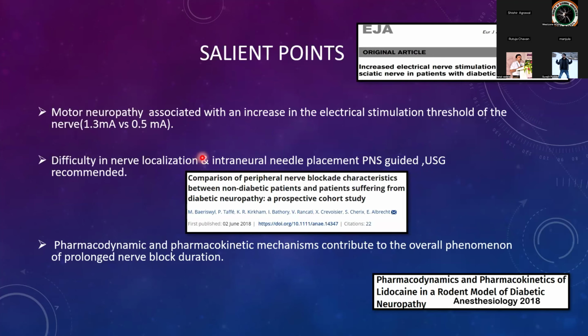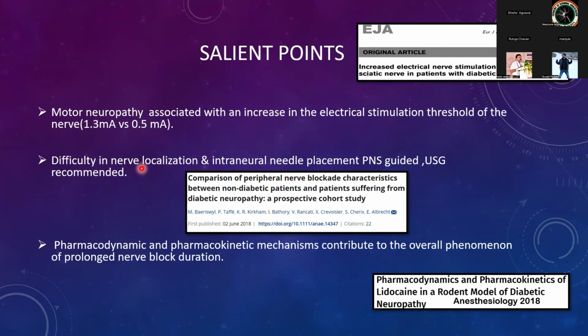What are the concerns with neurostimulation and why? There were a lot of research studies which showed that electrical stimulation threshold was higher in patients with underlying motor neuropathy. So there were 1.3 milliampere used versus 0.5 milliampere in control subjects.